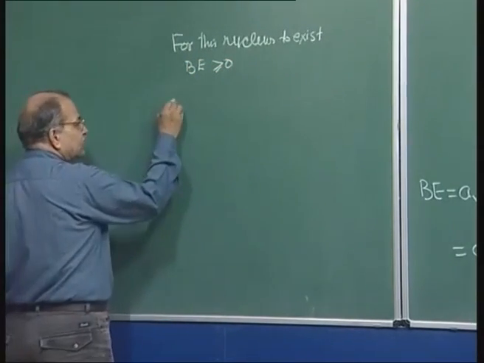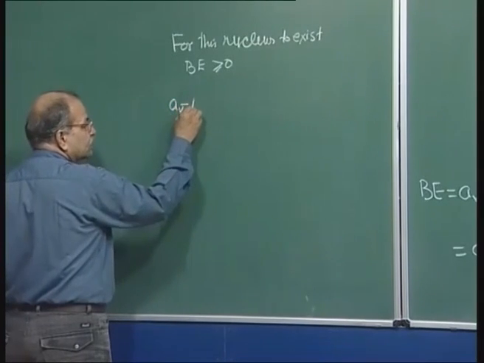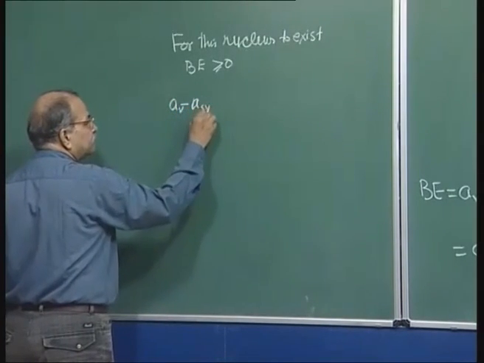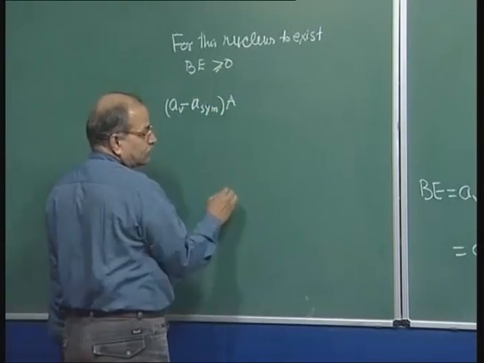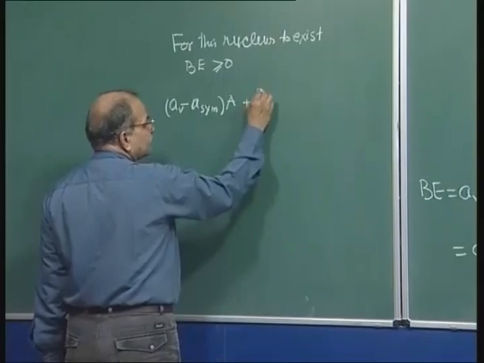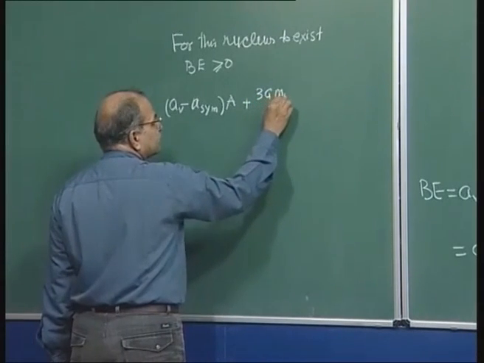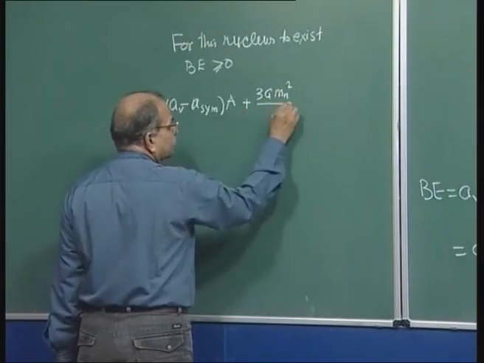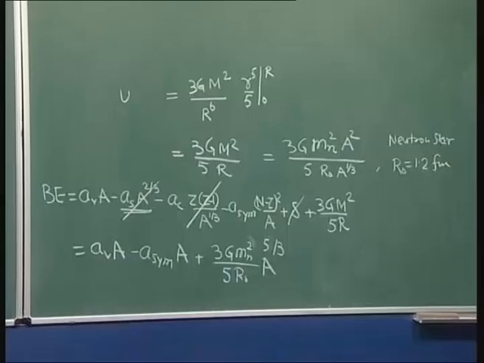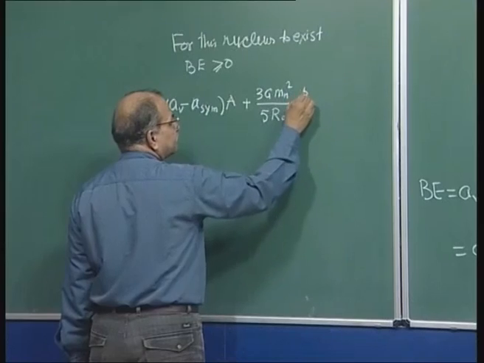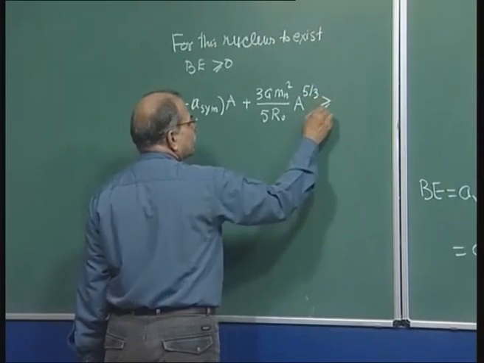So, that means a_V times capital A minus a_sym times capital A plus 3 G m_n square over 5 r naught times A to the power 5 by 3, this should be greater than or equal to 0.